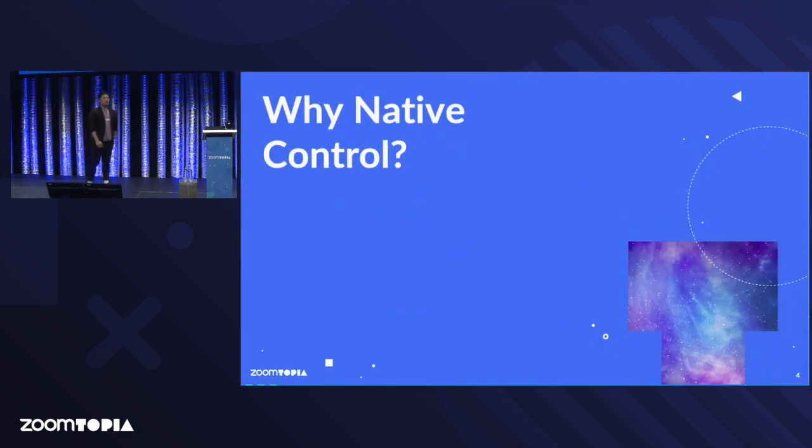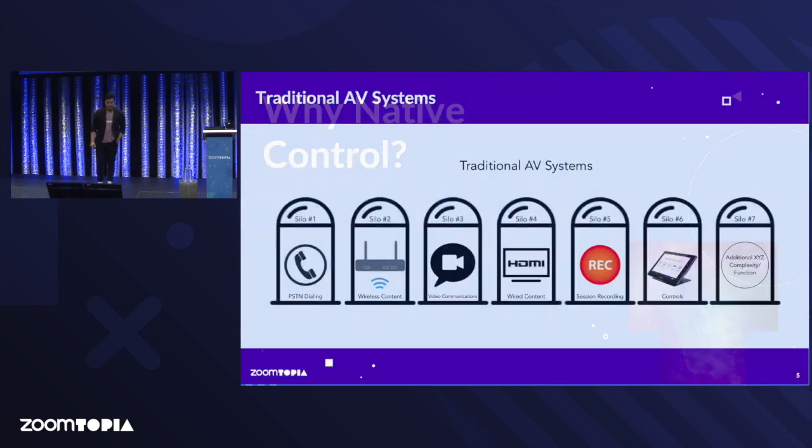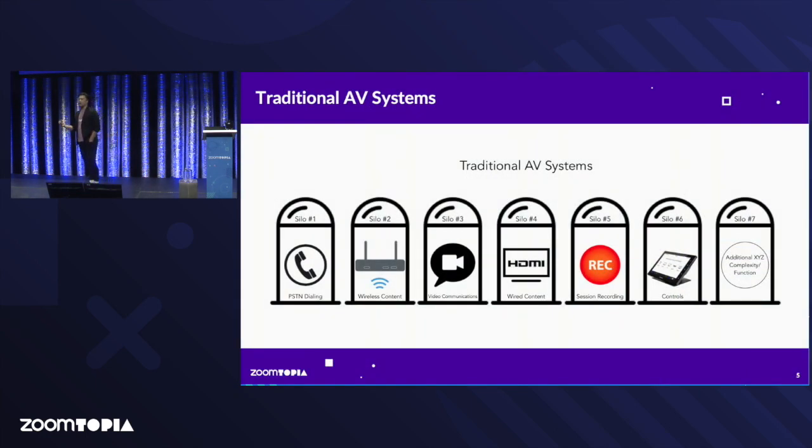So before we introduce native control, let's talk about why Zoom decided to build this into our product. As you can see up here, traditional AV systems consist of, we broke it down into seven different silos. The first silo is PSTN dialing. That's your phone system tying into your audio. Second is wireless content.